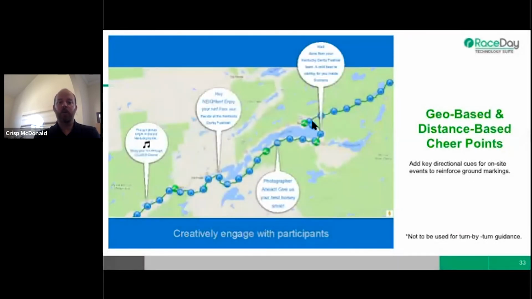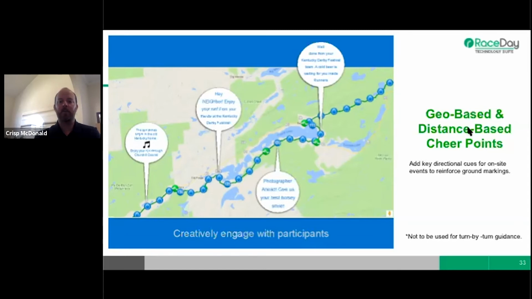And so you also have these geo-based cheers and distance-based cheers. So the way to think about this is you could actually put out, like, if there's a water refill station ahead, or mile 4, sponsored by fill in the blank. You don't want to put full-on advertisements in, but you can acknowledge sponsors, and you can also highlight cool facts along the course.